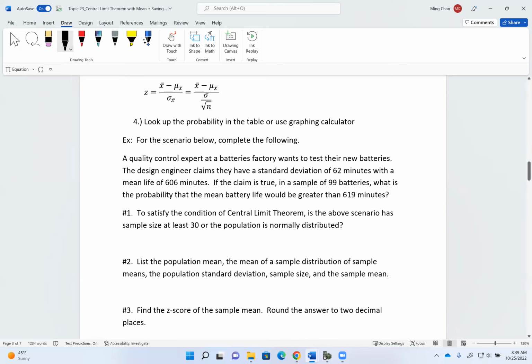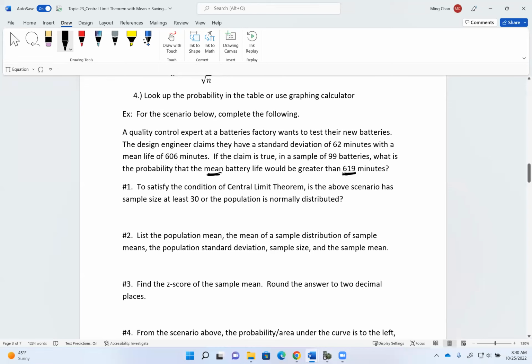If the claim is true, then in a sample of 99 batteries, what is the probability that the mean battery life out of that 99 batteries would be greater than 619 minutes? So this 619 minutes is actually the mean of that 99, not of the entire population.